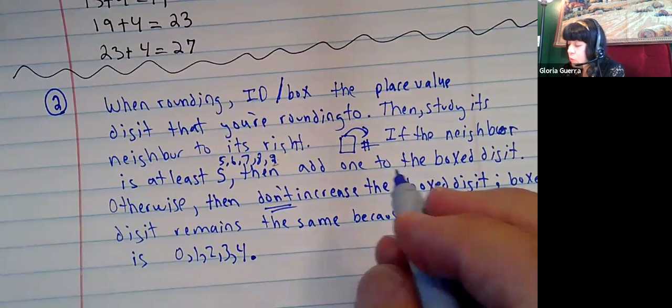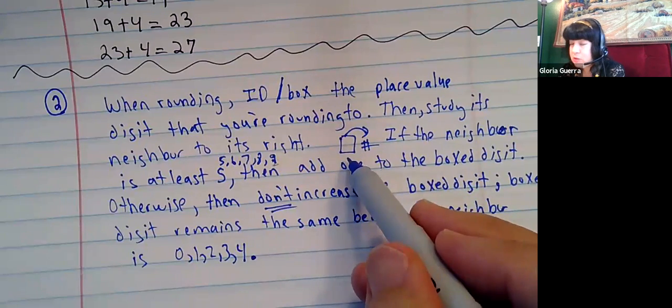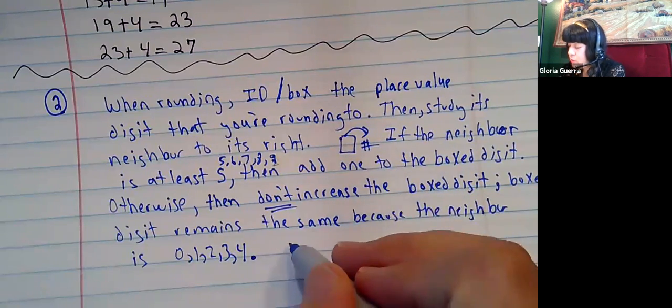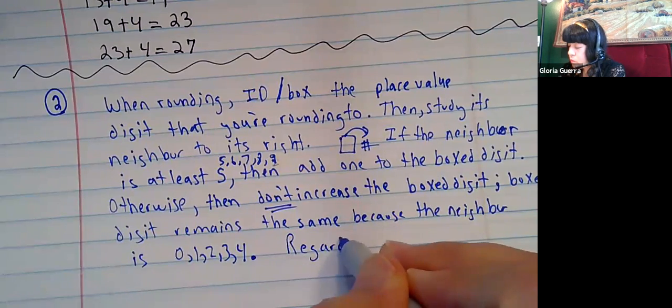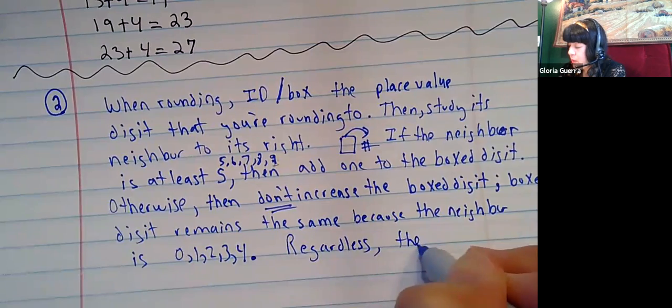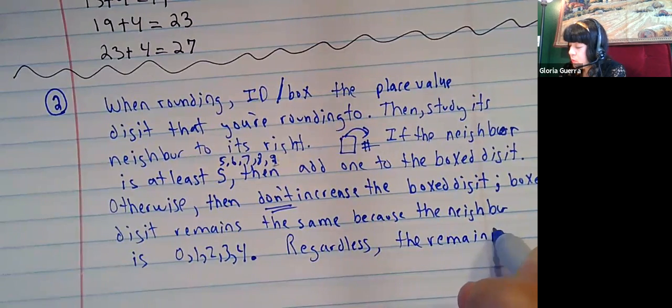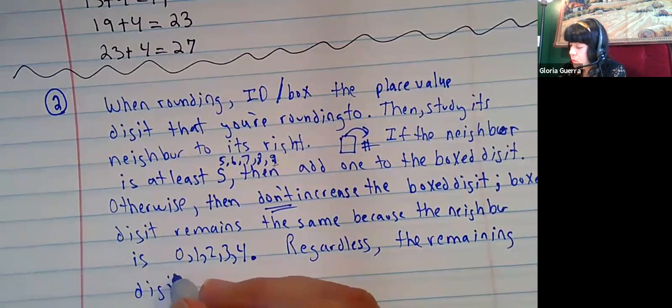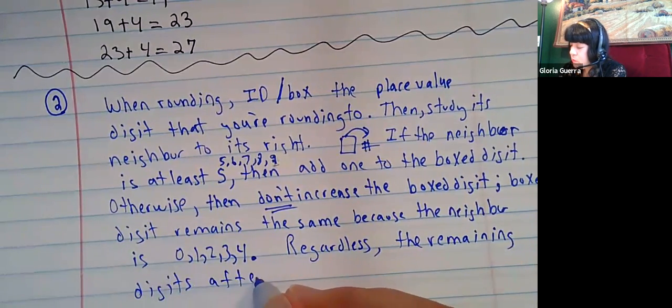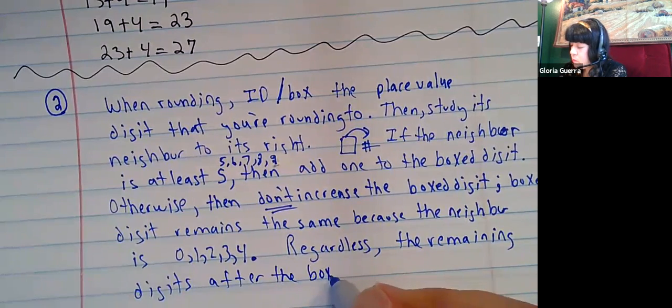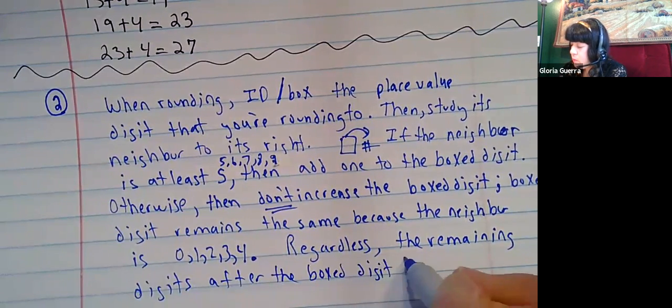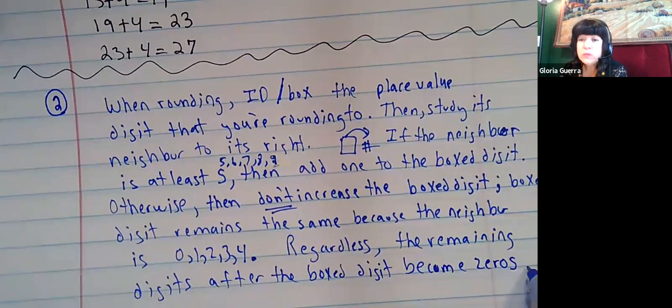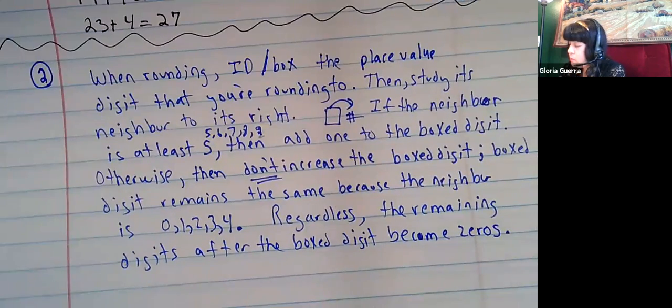All right. And then regardless of whether you have to increase the box digit or not, the remaining digits after the box digit become zeros.